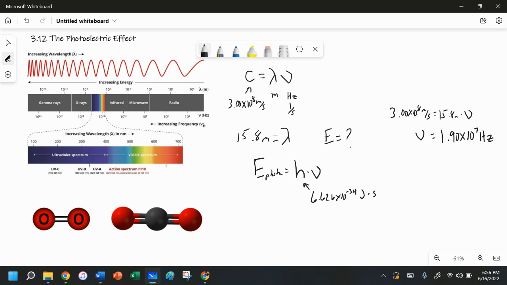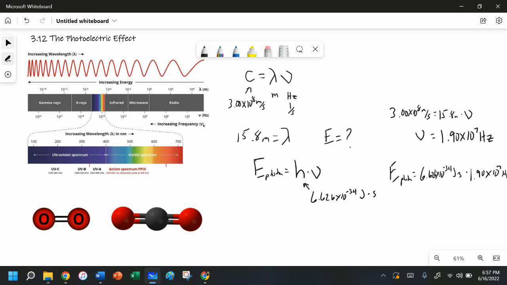Now to calculate the energy, we just need to plug the frequency into the equation. So the energy of a photon equals Planck's constant, 6.626 times 10 to the negative 34th joule seconds, times the frequency, 1.90 times 10 to the 7th hertz.